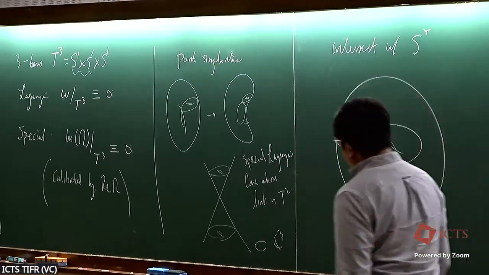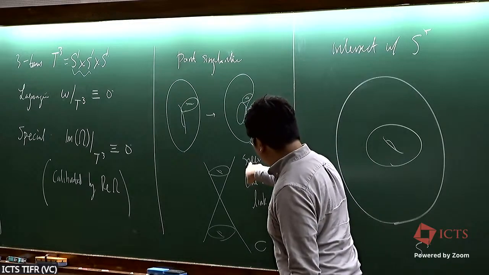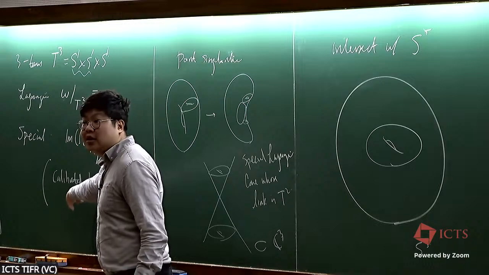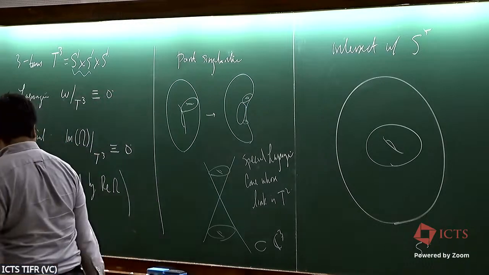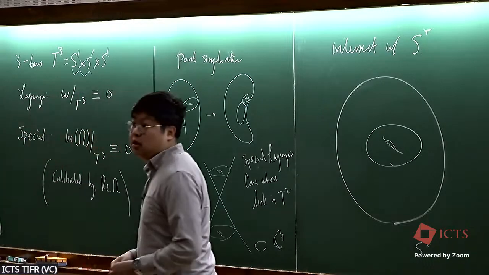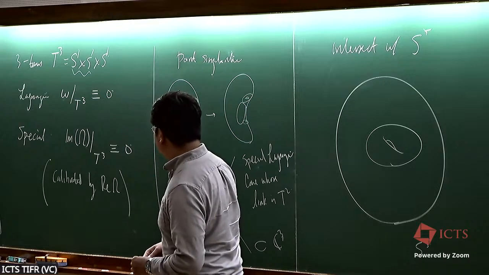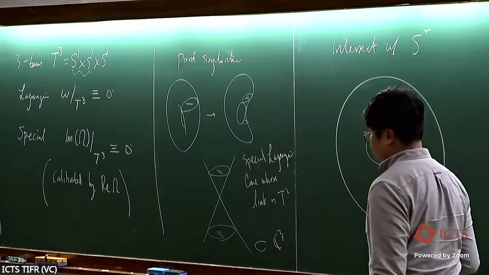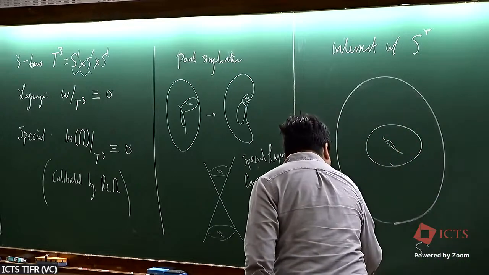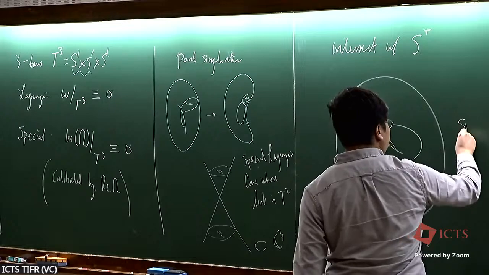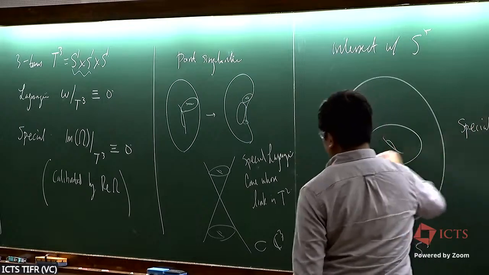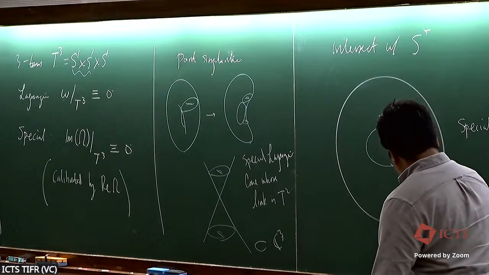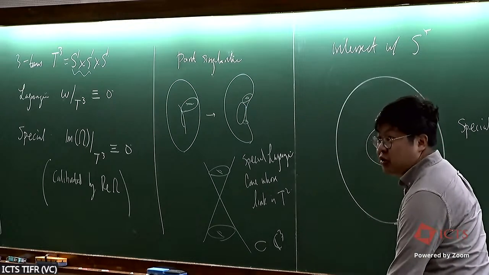And now, an important thing that I should have mentioned about special: since it's calibrated by Harvey and Lawson, you know that it's actually a minimal cone. So in particular, when I project to S5, it's actually a minimal surface. But usually people say it's special, because its lift is this special Lagrangian cone. But S5 is 5-dimensional, so I can't say Lagrangian.